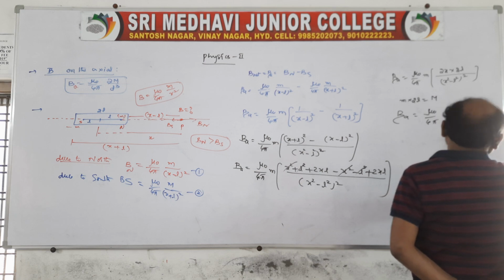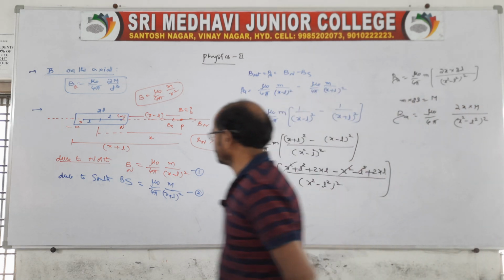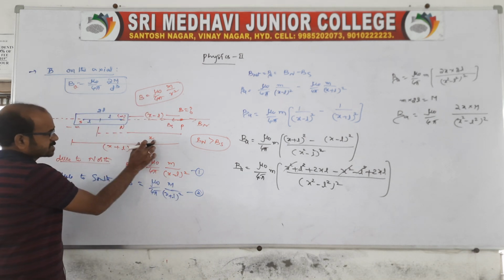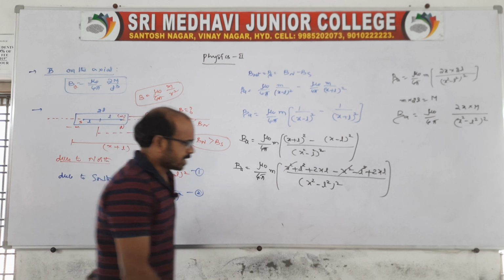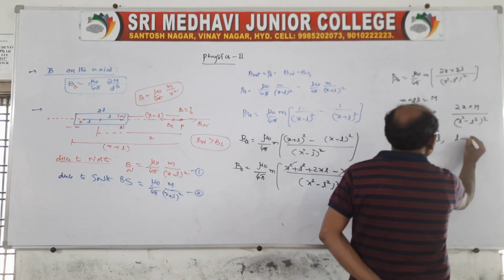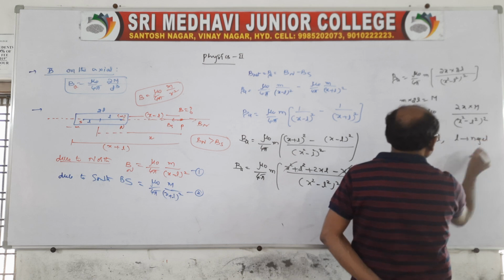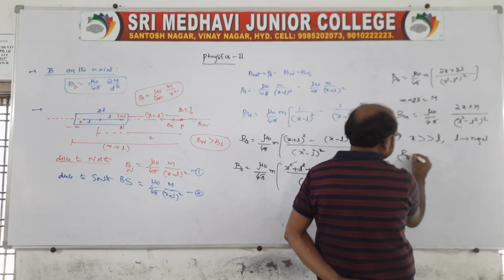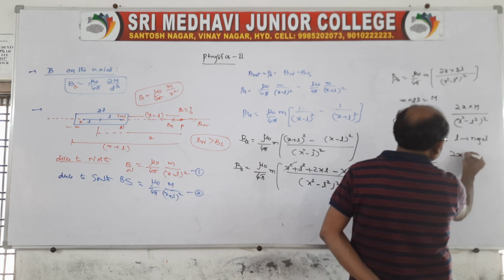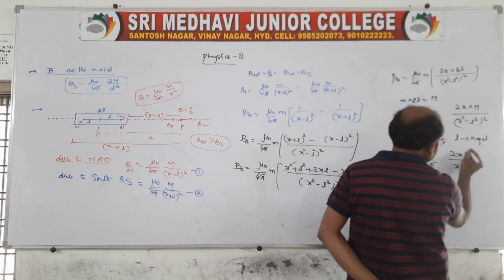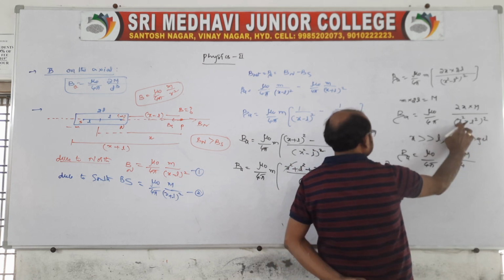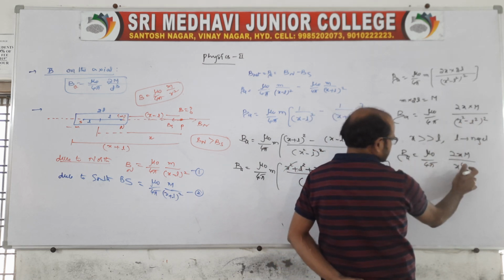Of course, here this length L compared with x is very small, so x is very much greater than L, so L can be neglected in the denominator. BA is equal to mu naught by 4 pi into 2xM by x power 4, because L square is neglected and x square whole square gives x power 4.